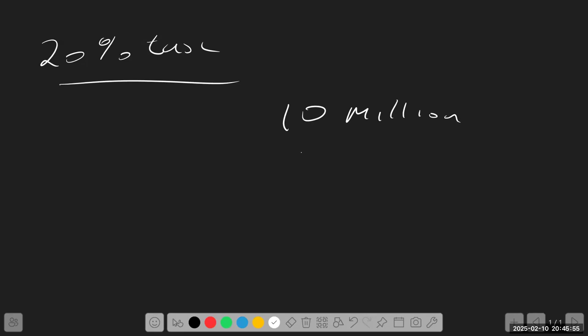Per year you are generating other expenses, everything put together, let it be 1 million. Plus you'll add 80,000, so 1.08 million is my cost.